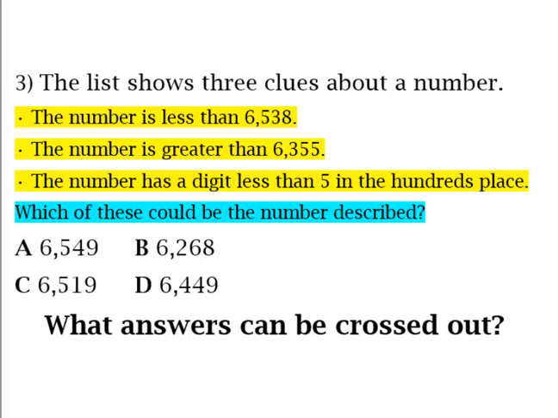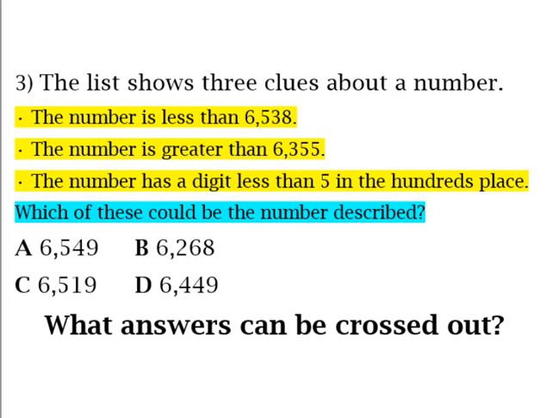And last clue, clue number 3. The number has a digit less than, which means smaller than, 5 in the hundreds place. So, looking at our answer choices, can you see out of the answers you have left if there's a number less than 5 in the hundreds place?